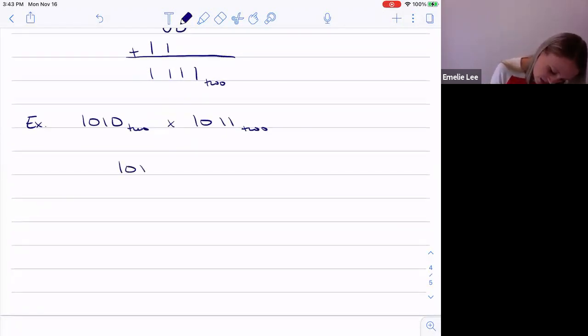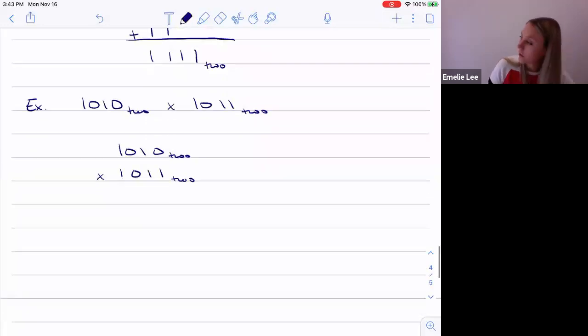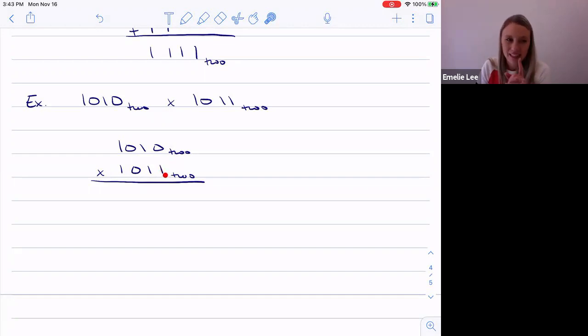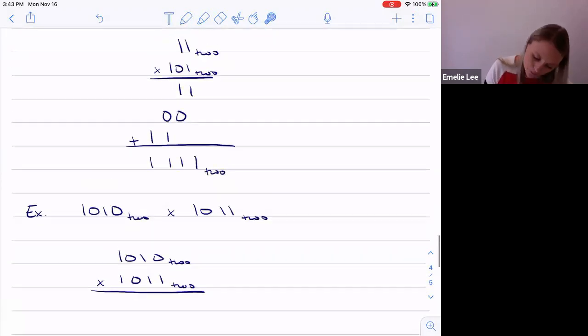So we've got 1, 0, 1, 0, base 2, times 1, 0, 1, 1, base 2. All right. So I'm going to work my way over. The last digit in the bottom number just slowly gets multiplied over, and we write out that number below.